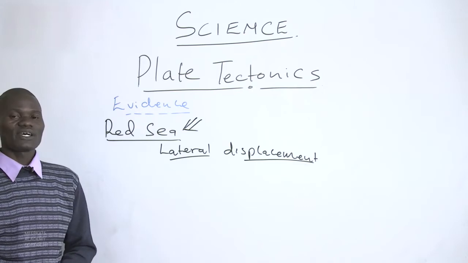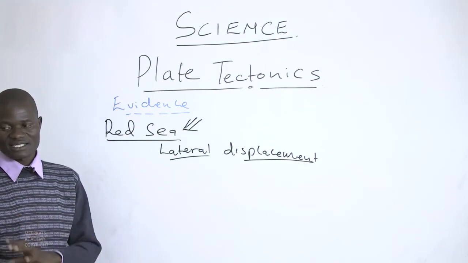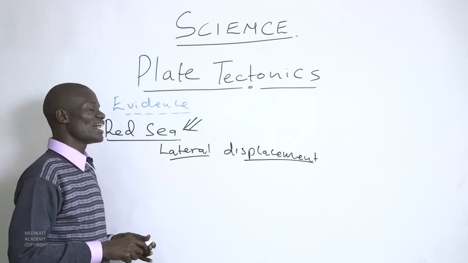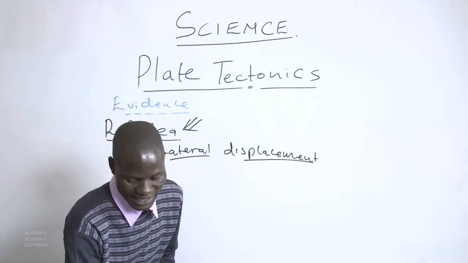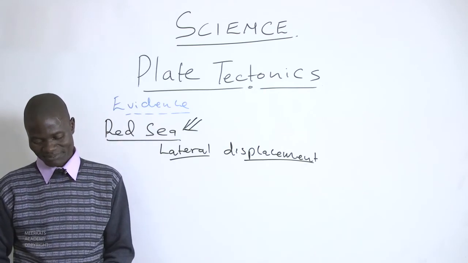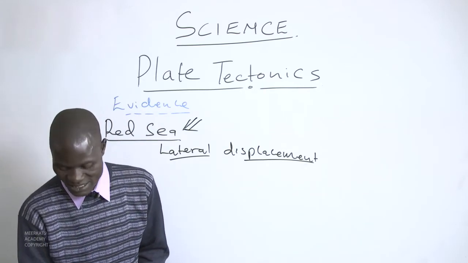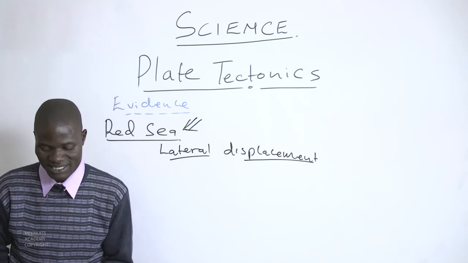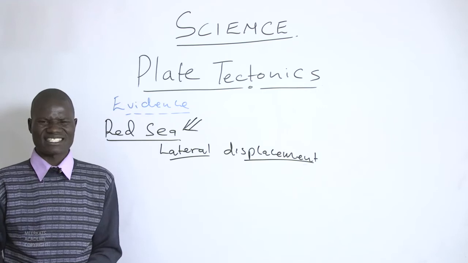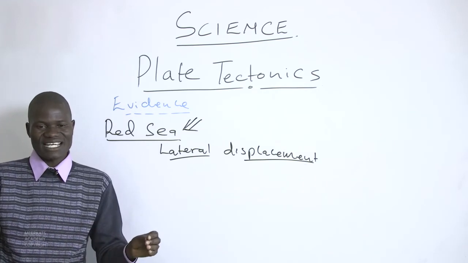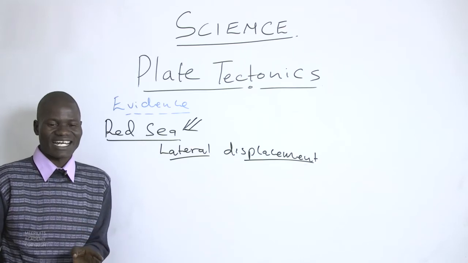Those are a few evidences that scientists have come up with to show that surely Sir Alfred Wegener had something to tell the whole world. As a result, when he summarized his point, he said that these continents seem to be moving away from each other in a drifting manner.